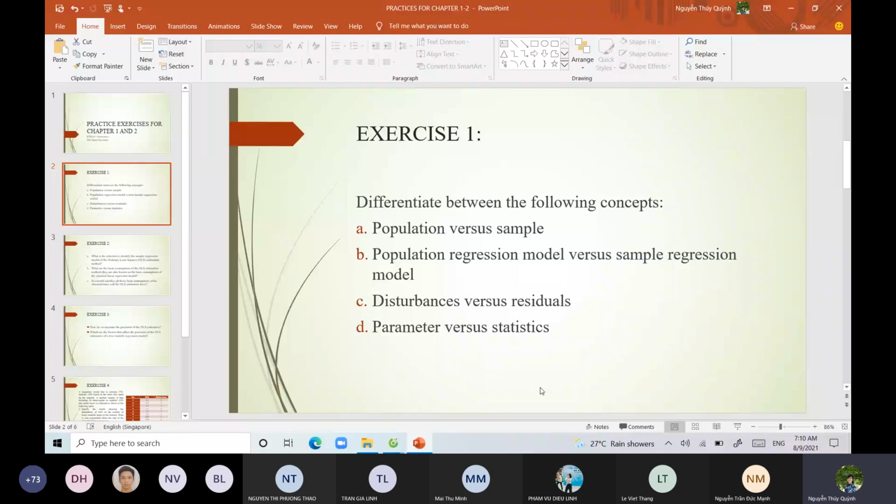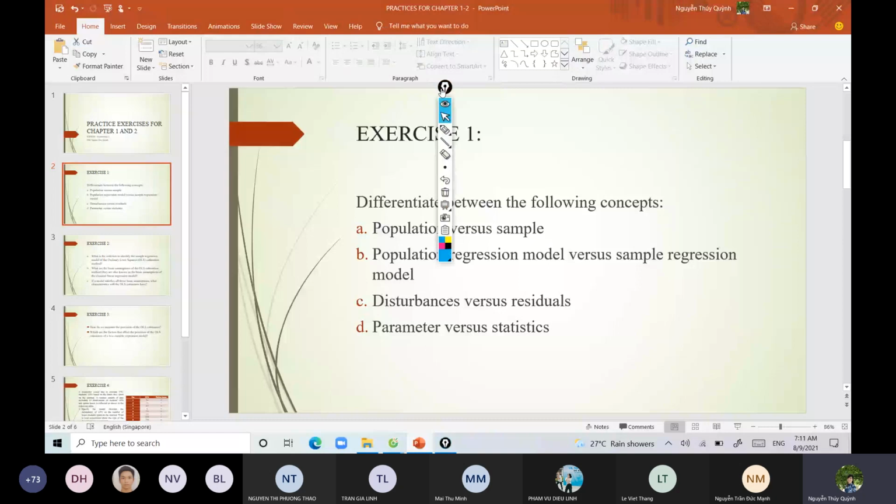And we have only one population regression model, right? And how many sample regression models can we have for one problem, for one research? I think we can have many samples. The bigger the population is, the more samples we can have.